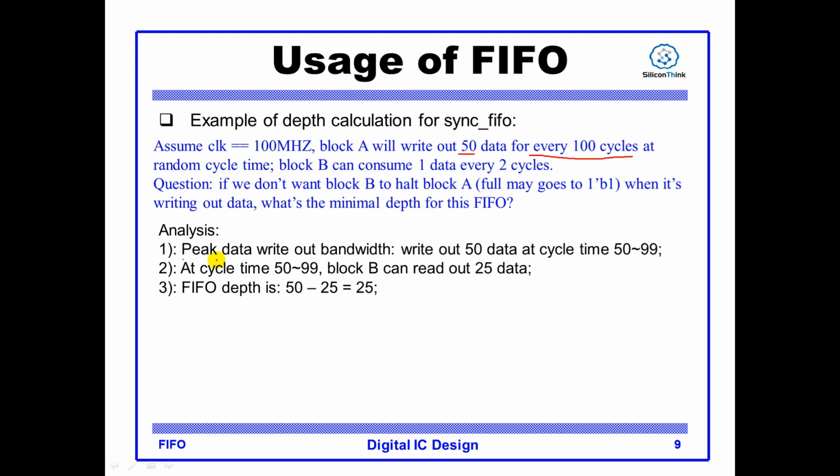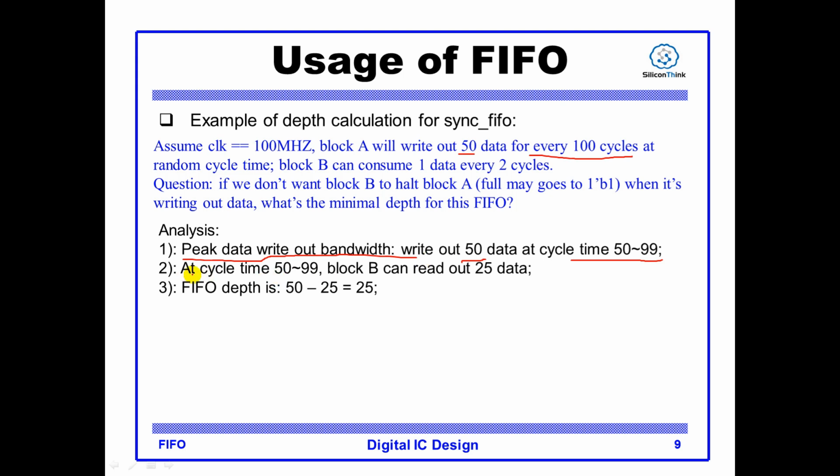So let's first find the peak data write out bandwidth. If block A writes out 50 data in cycles 50 to 99, yeah, this will be the peak write out bandwidth. For the last 50 cycles, it will write out 50 data, with no wait cycles.